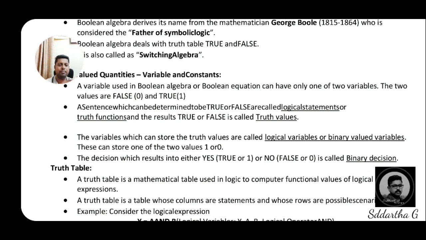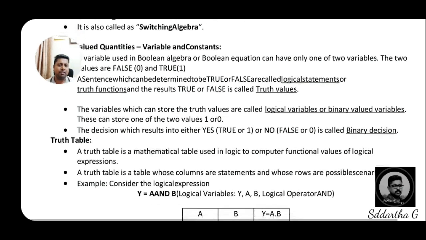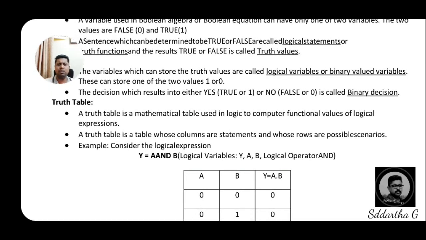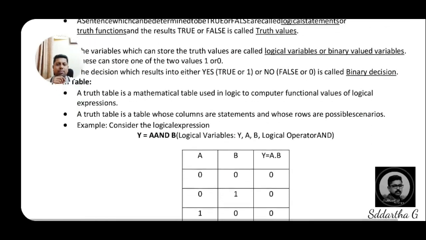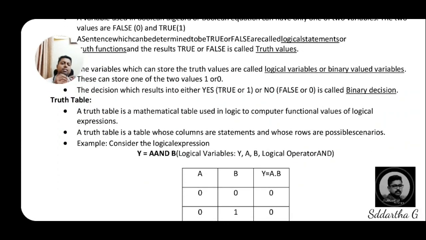After this we will come to a very important concept in this chapter, that is the truth table. Previously you may not have heard this word, truth table. It is actually one type of table. With this table we will discuss how to represent the variables with inputs zeros and 1.